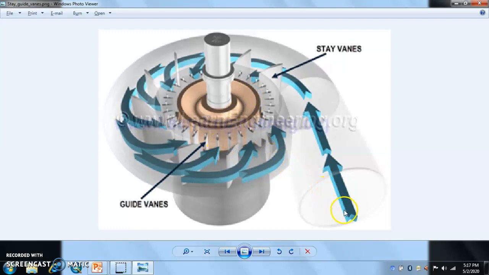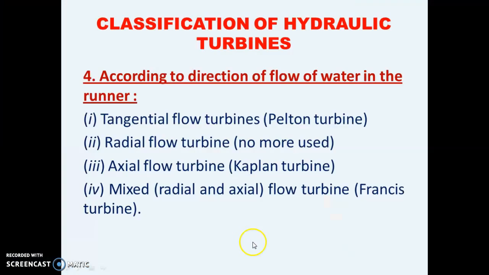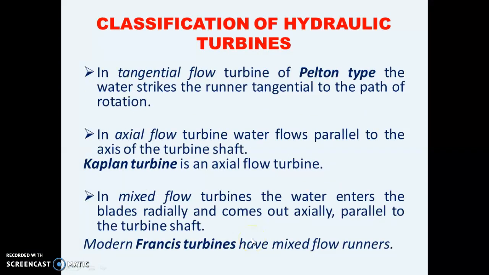The water arrives and flows radially, and then it falls down through this pipe which is axial in nature. So first the flow of water is radial, then it falls down, which is axial. So it is a case of mixed flow turbine. The description is given here, you can pause and see.